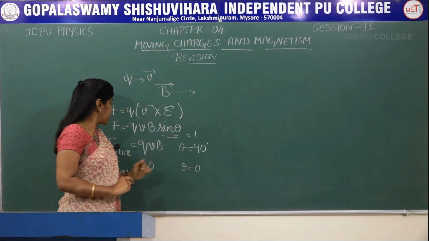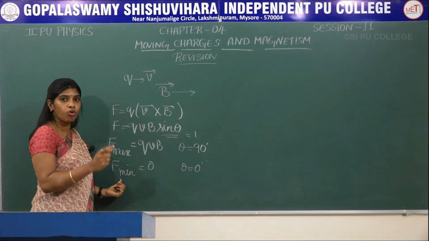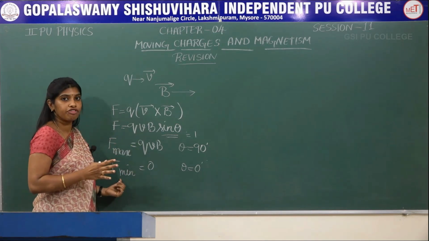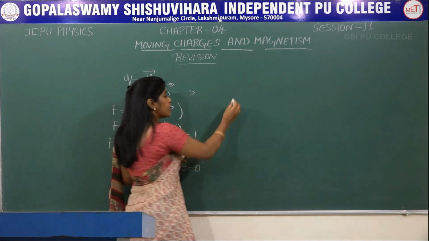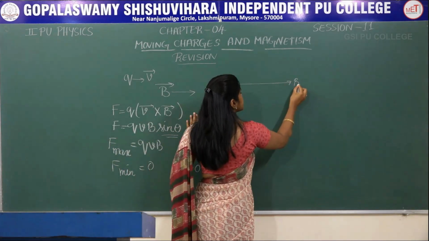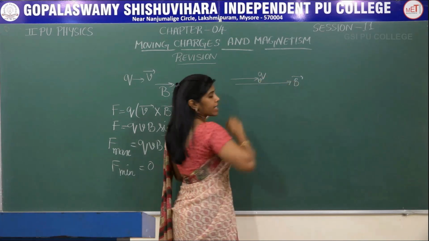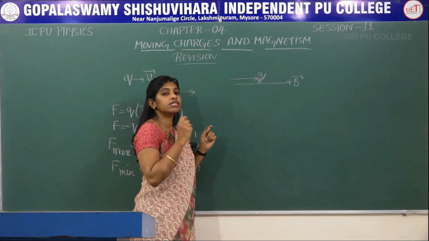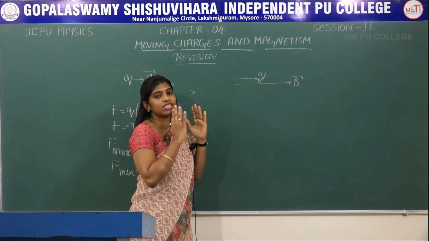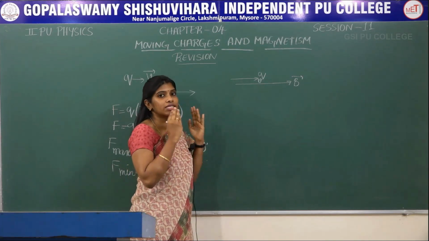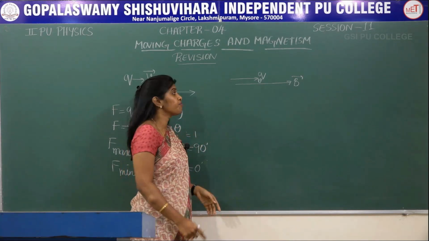Next, we know that the force on a charge moving in the direction of the magnetic field will be 0. So the charge would trace a straight path, moving without any deviation.